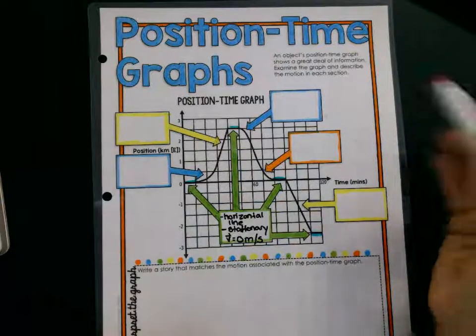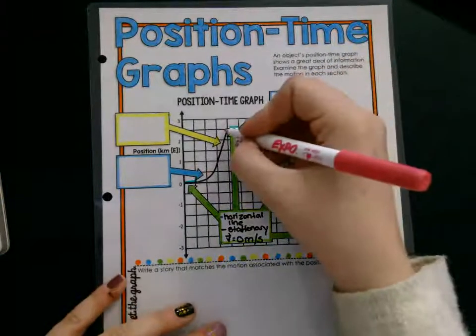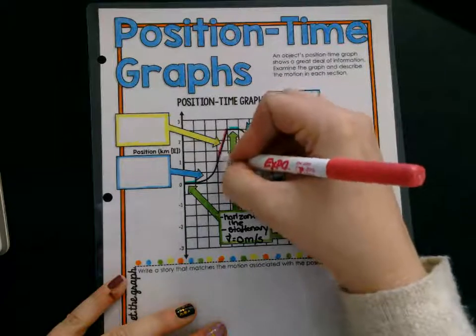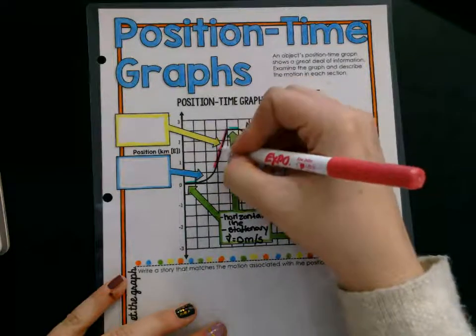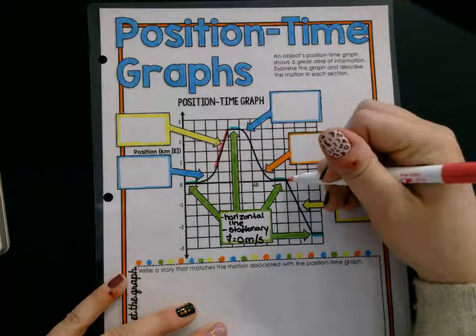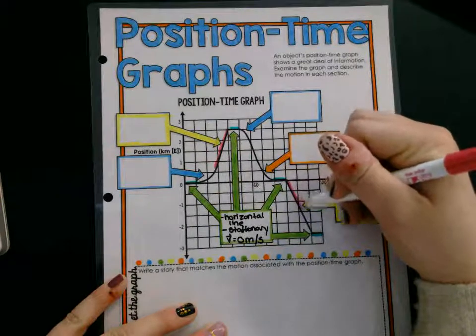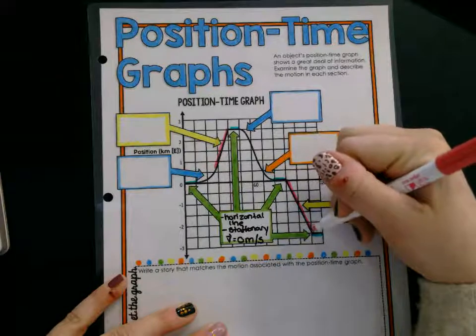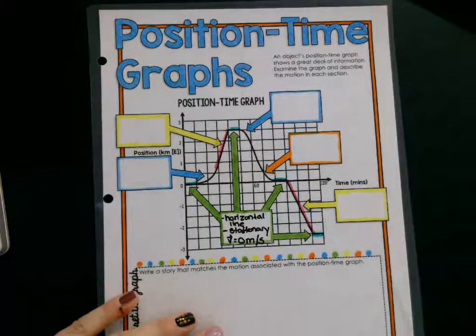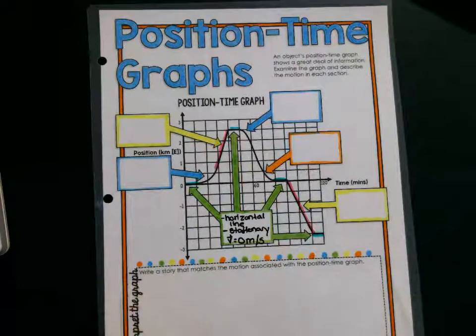Yellow isn't going to show up in the projector, so I'm going to use pink. So here's where I have a constant velocity, and I have another one down here. All right, so it's a straight line.